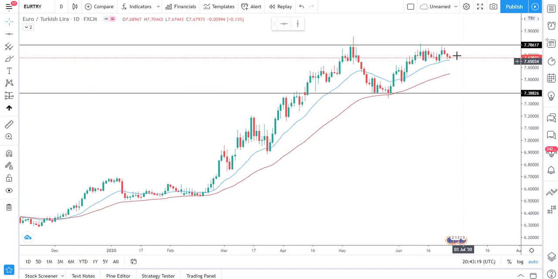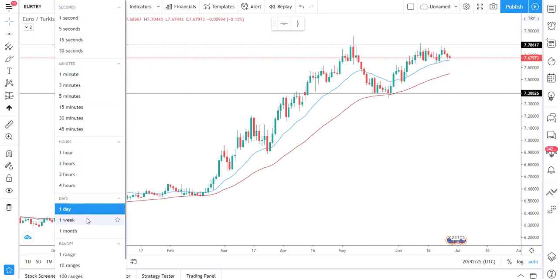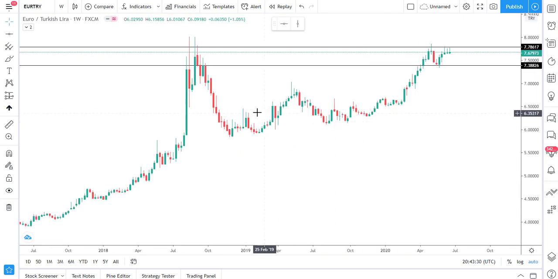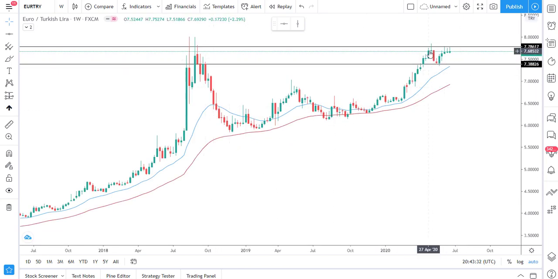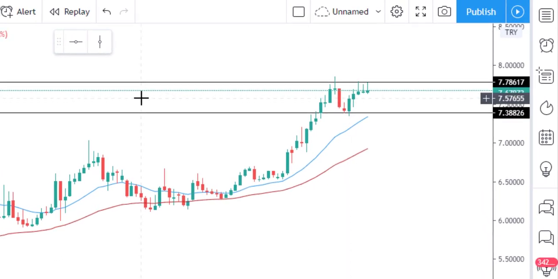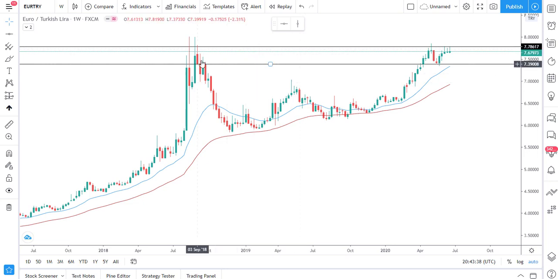However, the reason why I'm ignoring this right now and I'm still going to proceed with the trade is simply because of the weekly. Now on the weekly we have a double top. In fact, we have a triple top, more like. We have one here, we had another touch here, which made this level significant because of the two touches.